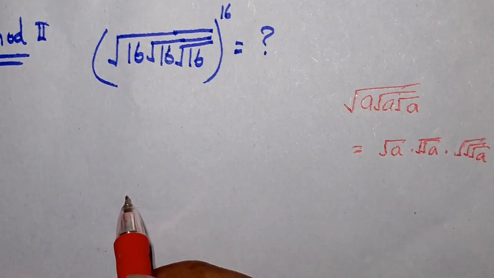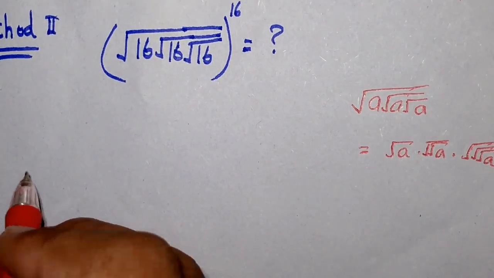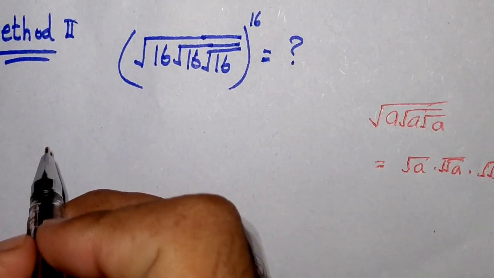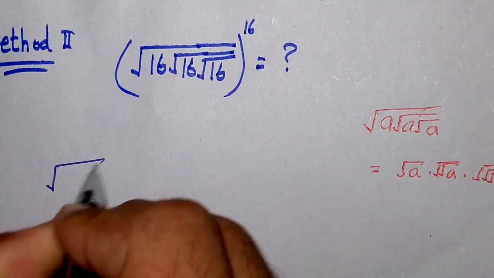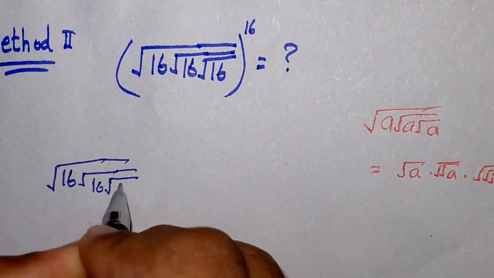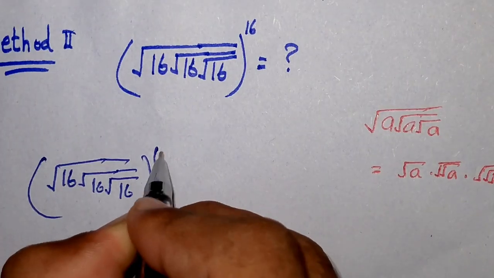So this can also be written in the form of square root of 16 under square root of 16 under square root of 16, to the whole power of 16.